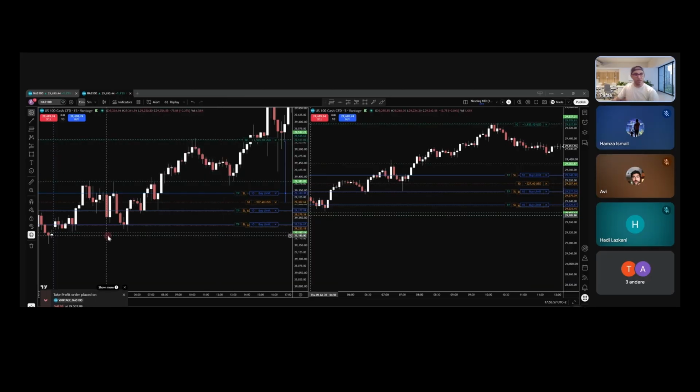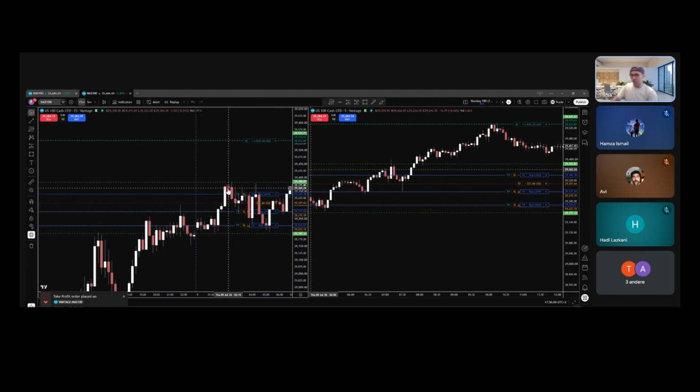The first trade that I took here, 1500 something. I got stopped out with a $20 to $30 loss, so I'm 1500 in positive here.